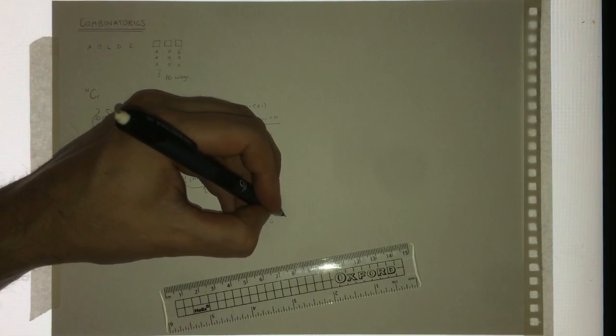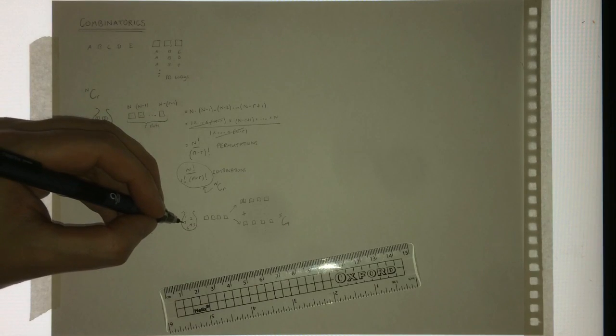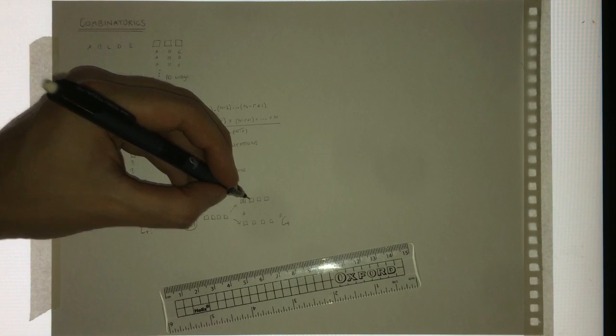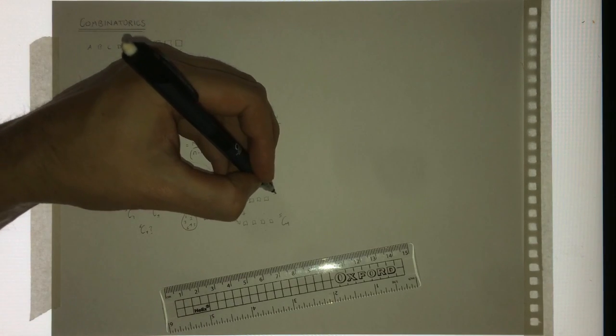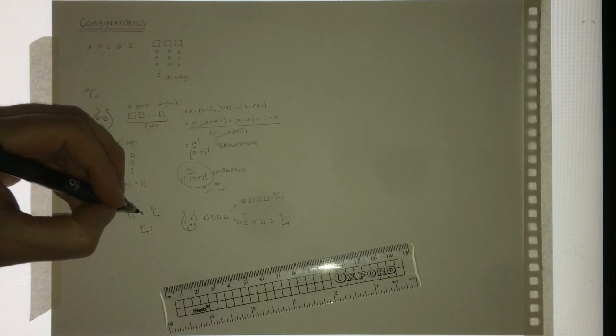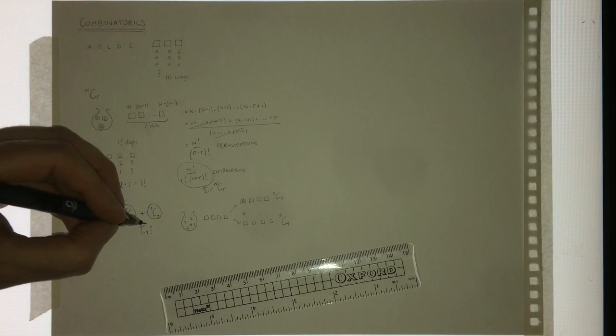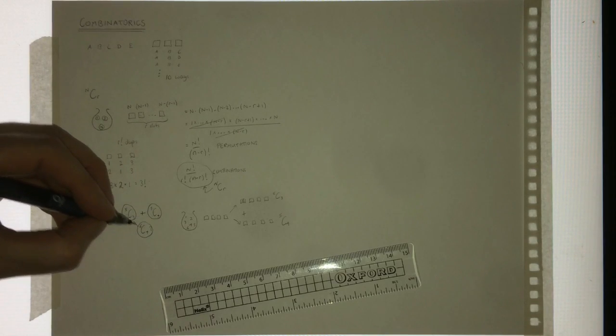So that's just 5 choose 4. If it does contain the 6, then there's 5 remaining objects in the bag, and we have to fit them into 3 slots. So this is 5 choose 3. So actually, we add those together and we get 6 choose 4.